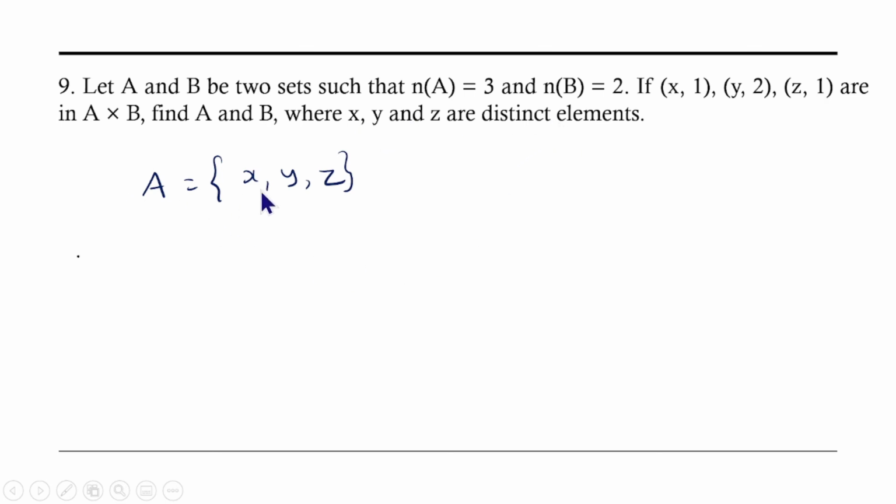So the set A consists of these elements, and B is equal to, here the second elements are 1, 2 and 1. So B is the set which consists of the elements 1 and 2, B is equal to {1, 2}.